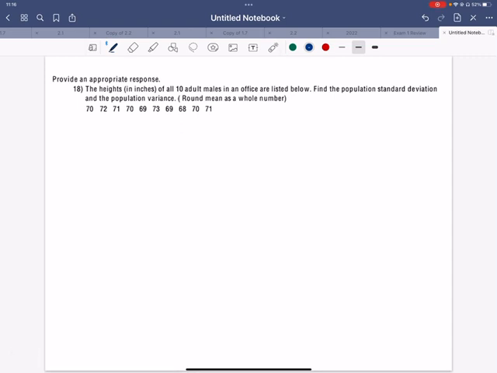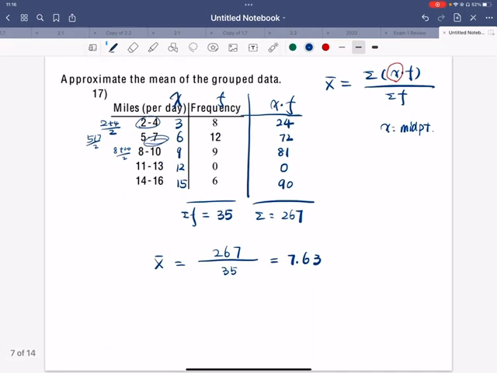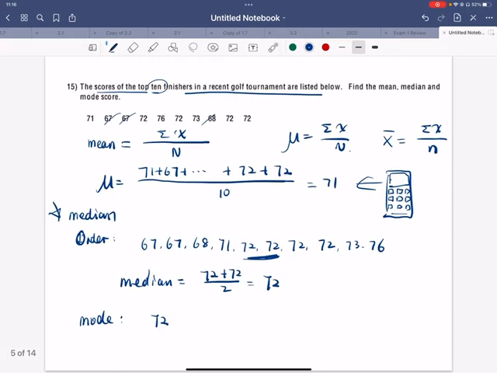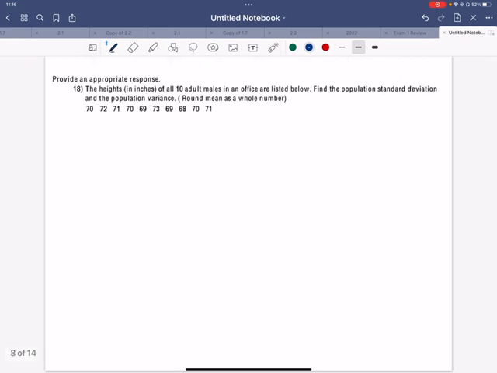Okay, population standard deviation, population variance. This is the last section that we learned. In order to find population variance and standard deviation, first let me list the formula.